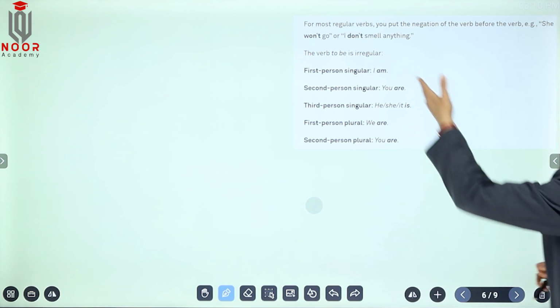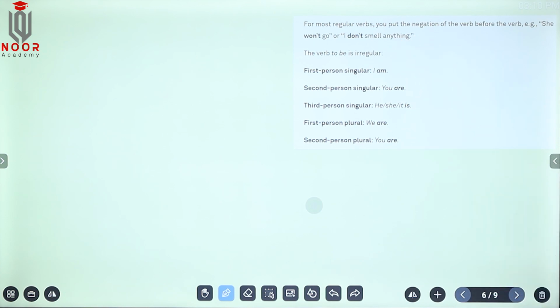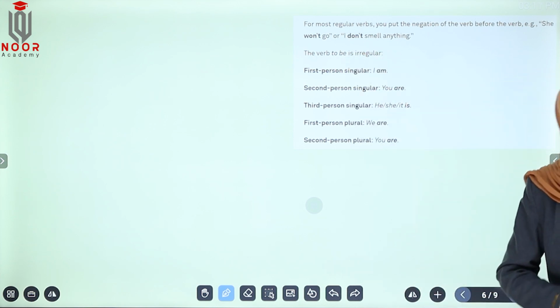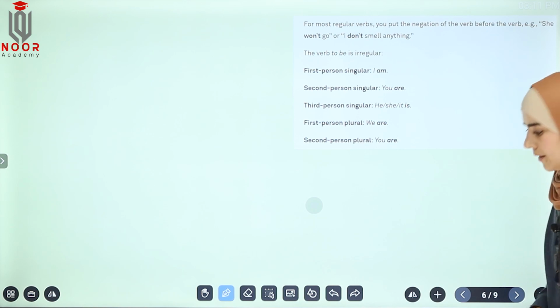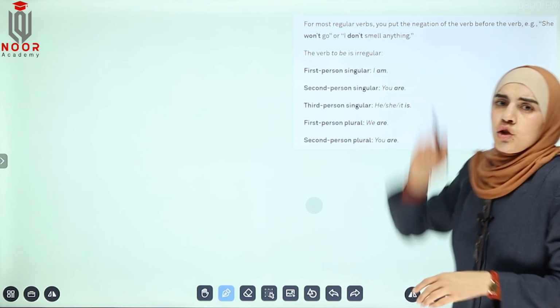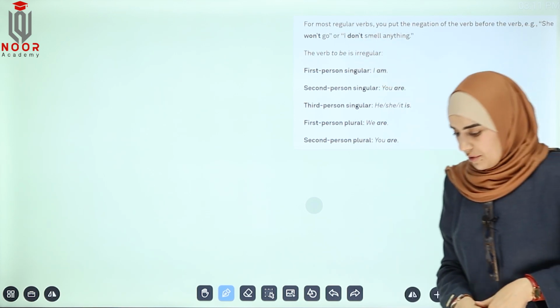For most regular verbs, you put the negation before the verb. She won't go, or I don't smell anything. Ms. Jumana, why do we use don't here? I will tell you something.